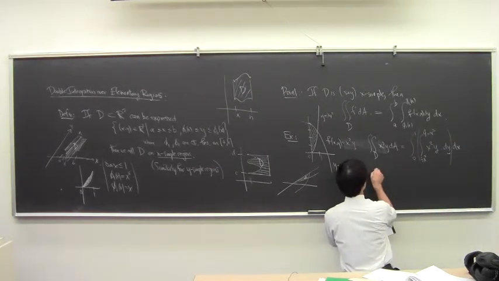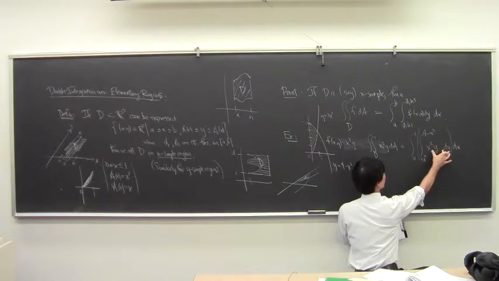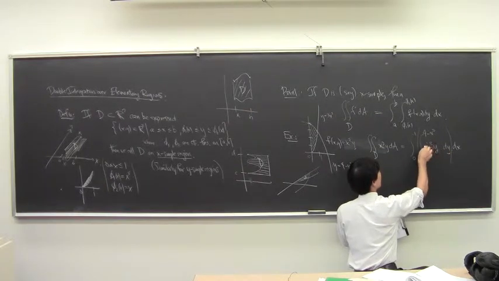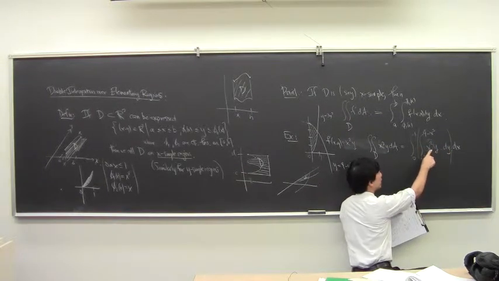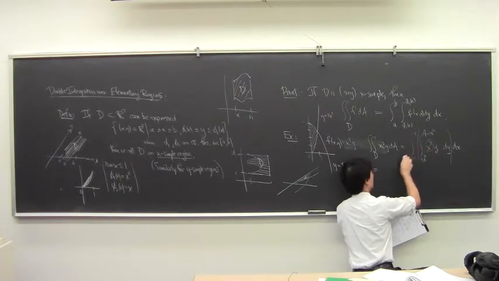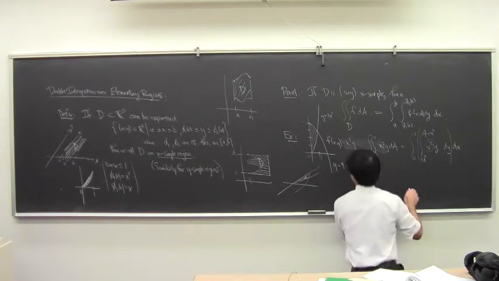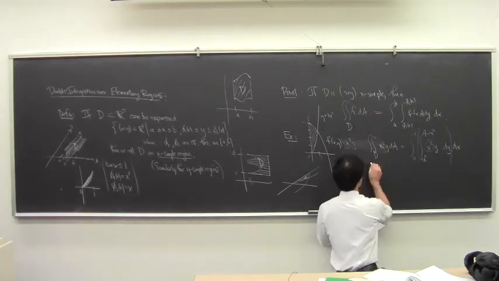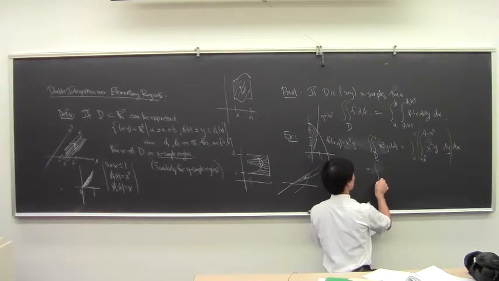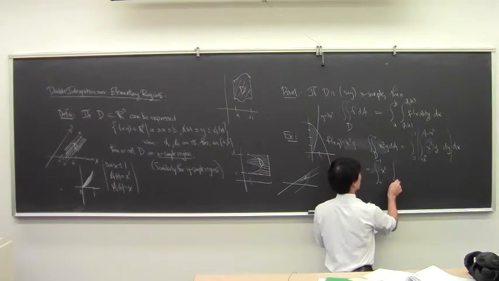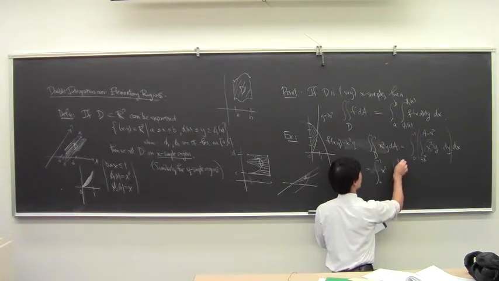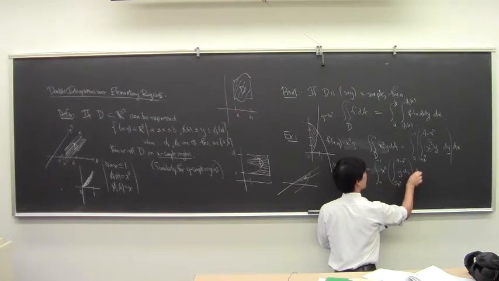So you integrate this first thing with respect to y. You're looking at this and say, well, this x squared is a constant with respect to y, so I'm going to pull it out. Here I'm going to have x squared, integral from 3x squared to 4 minus x squared of y dy dx.